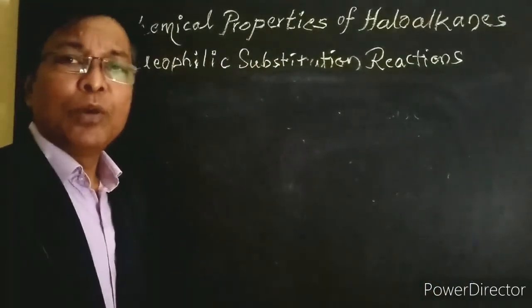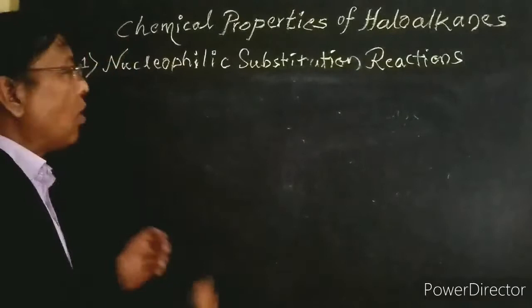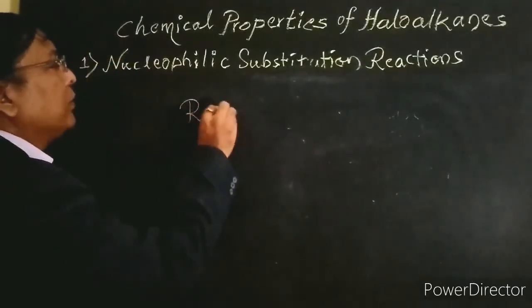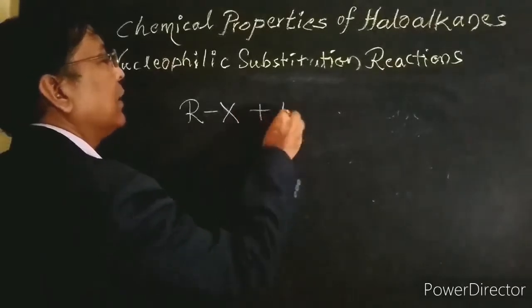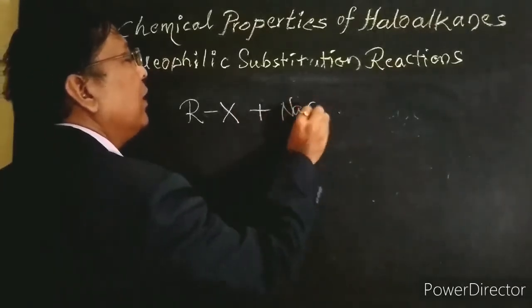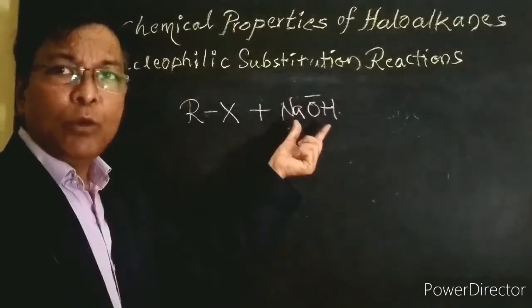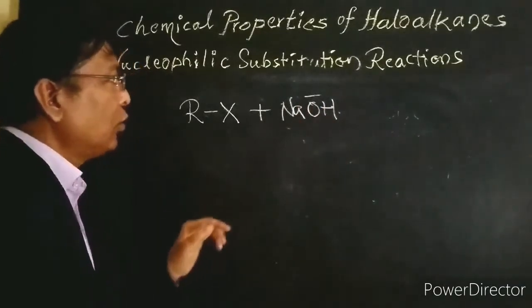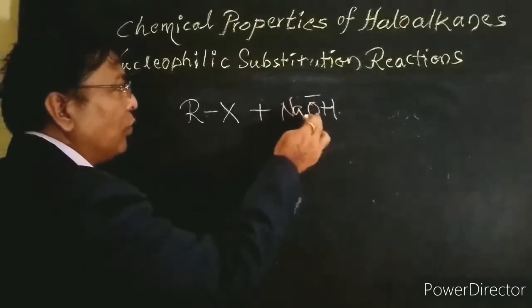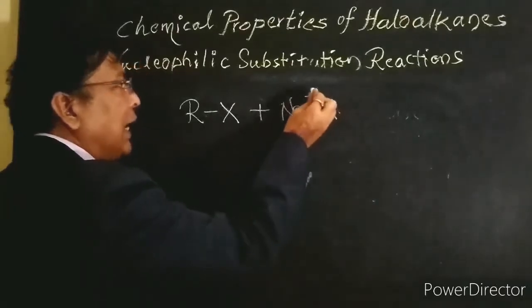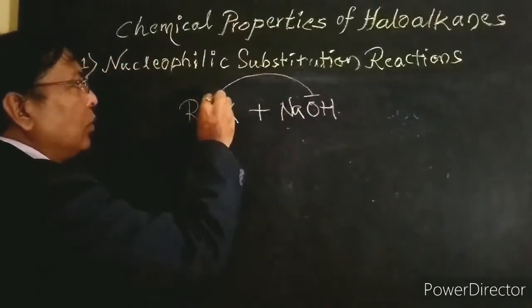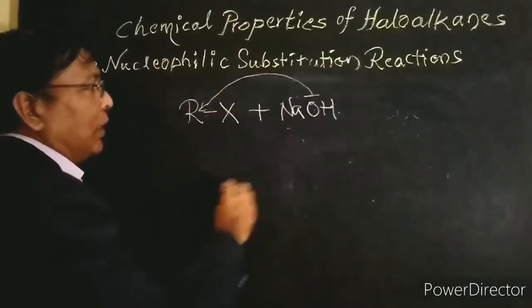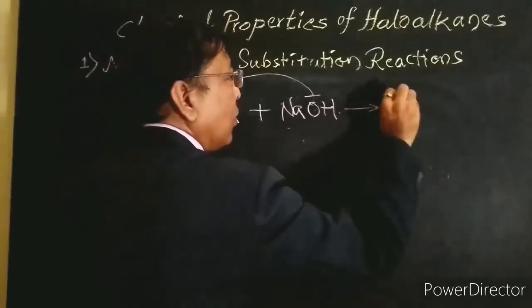Up to now, we have seen the reactions of alkyl halides with nucleophiles having one nucleophilic center, say, NaOH. In this NaOH, OH minus is the nucleophile. It has only one nucleophilic center, that is, oxygen can donate the electron pair to the alkyl group and we get alcohol.